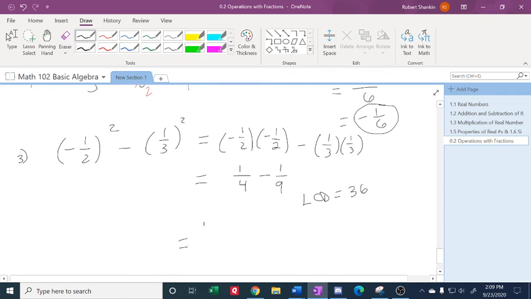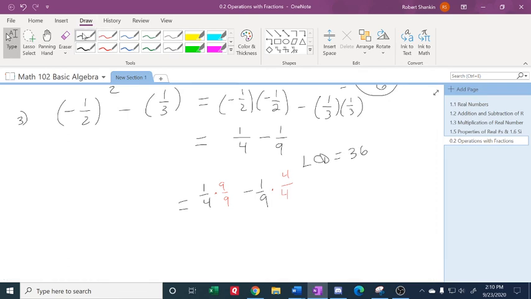So I'm going to go 1/4 times something minus 1/9 times something. And this needs to be multiplied by 9 over 9 to get 36 as its denominator. This needs 4. So then multiply the tops together, 9 over 36 minus 4 over 36.